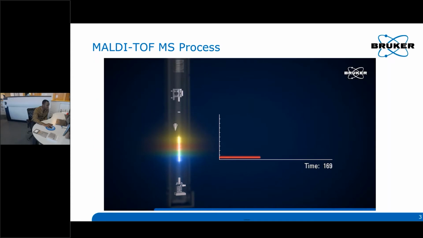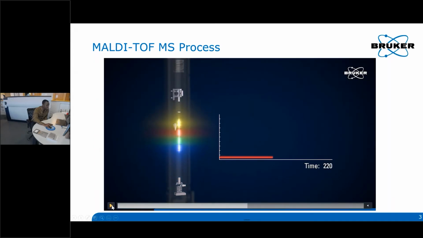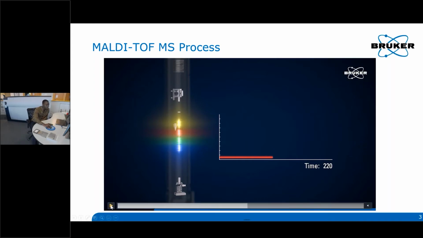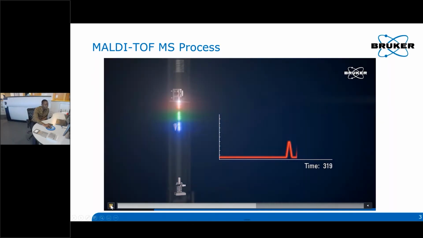Flight time measurements are used to determine molar mass directly, depending on how much time it took the ions to go from the ion source to the detector. That's converted into a mass spectrum that you can interpret to figure out what's going on in the sample.